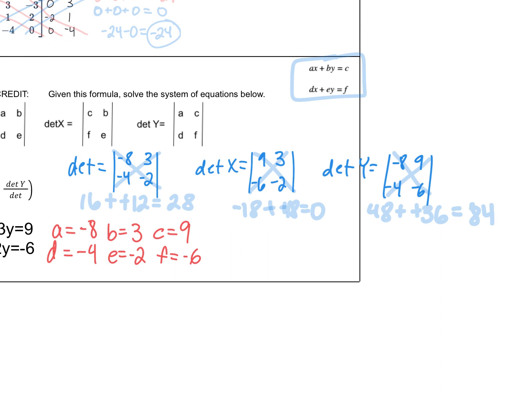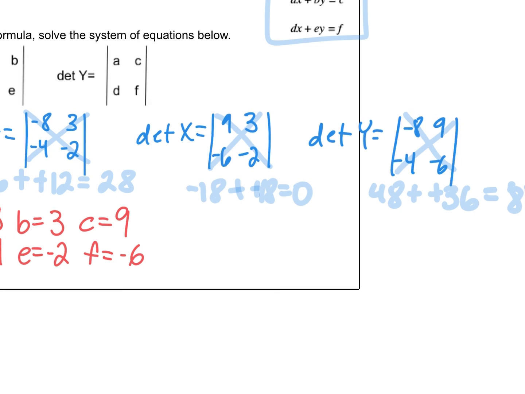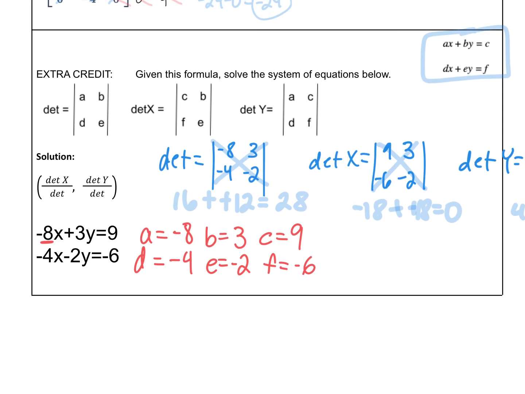Okay. Cool. Any questions on that? So we have our 3 determinant answers, right? We've got 28, 0, and 84. So now we just plug them into our solution right here. So my solution is going to be DETX, which is, what do we find out? 0 divided by determinant, which is 28.